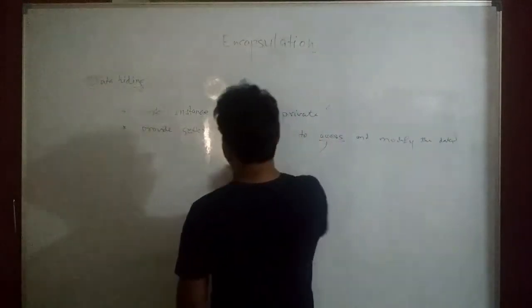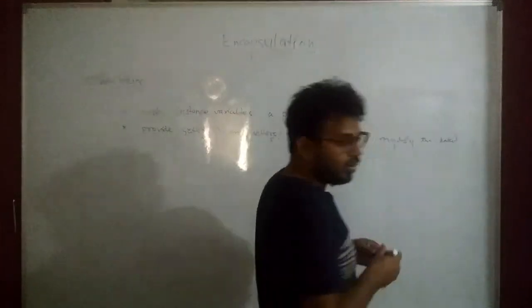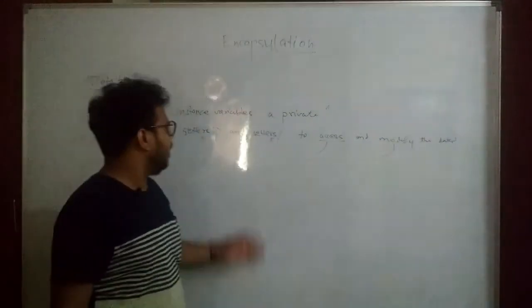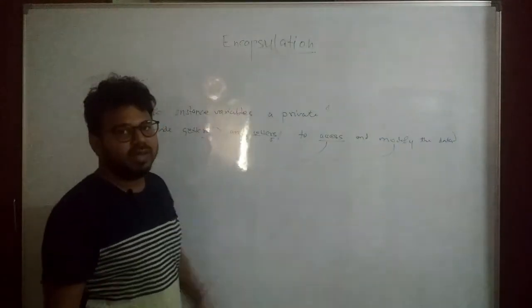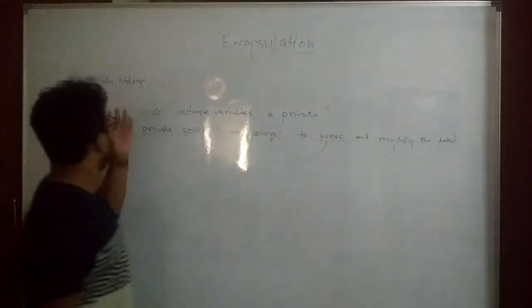Getters are for access and setters are for modifying, which means with the help of setters you can modify the instance variable value, that is data, and we can get the data using the getter methods. So you got the concept of data hiding.